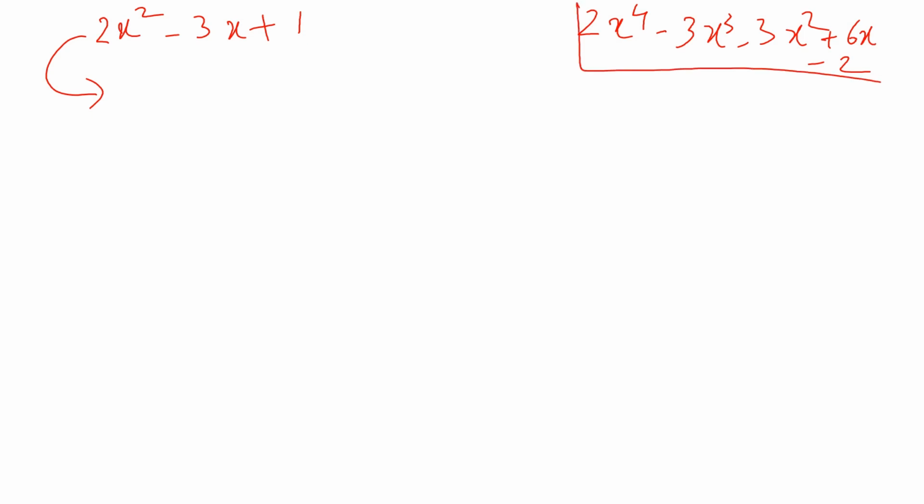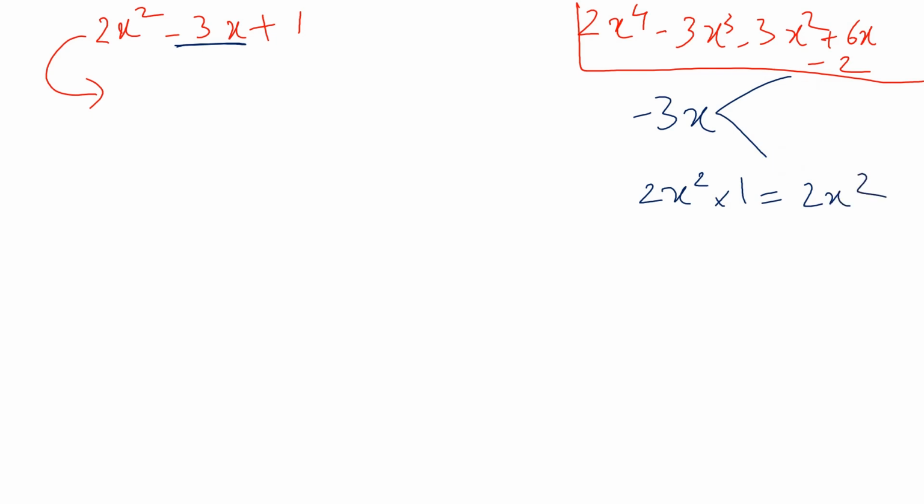Okay, this was the main polynomial. Now to find the zeros, what we have to do is split the middle term. The middle term is minus 3x. So minus 3x we have to split into two terms, such that the product of those two terms we will get as 2x^2 into 1, which is 2x^2.